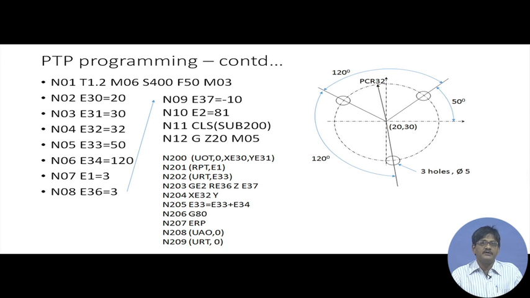After that we are defining some E parameters. What are E parameters? Just like we have variables in algebra, E parameters are simply variables which can be assigned some values. First of all, the center is at 20, 30 and we are assigning those x and y values respectively to two variables called E30 and E31.